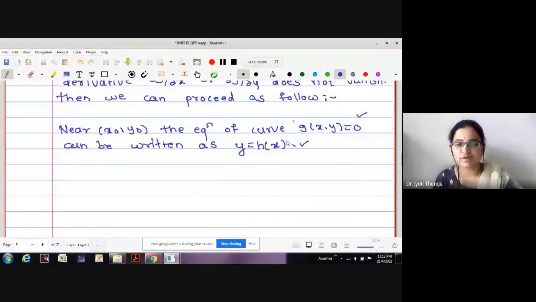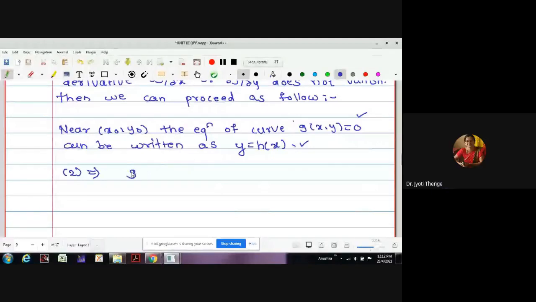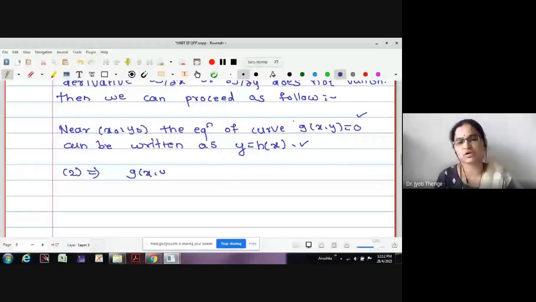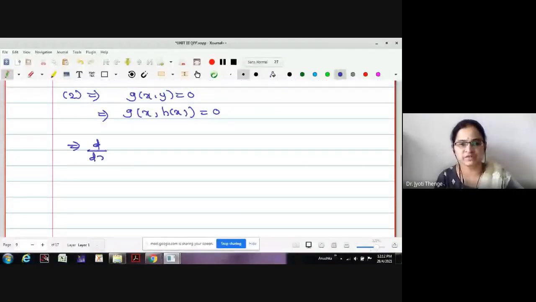Before differentiating, let me substitute the value of y as h of x. So g of x, y equal to 0 I can write as g of x, h of x equal to 0. Now let us get the derivative. The total derivative with respect to x, because it is a function in one variable only. What is the total derivative?